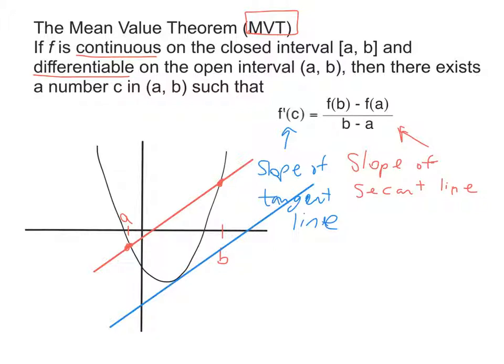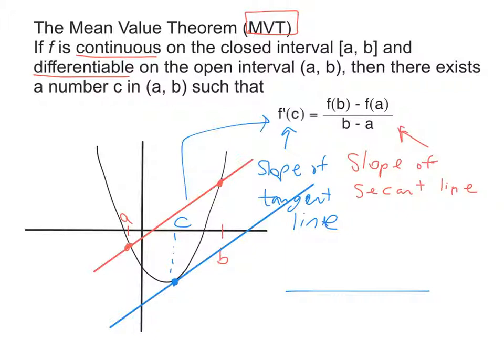And so right in here, at this point, this is my point C. Because remember, the first derivative is slope. Slope of a tangent line is right there. Okay, so it's got to exist in there somewhere. Similar to Rolle's theorem, but our line doesn't have to be horizontal. We're looking at any secant line.